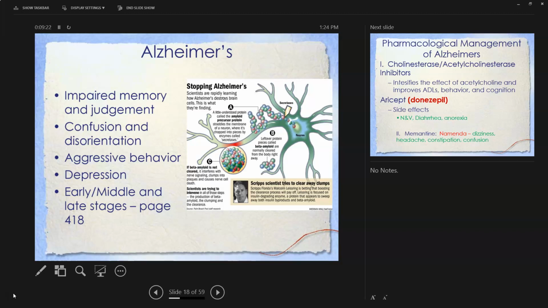And then late, they get aggressive, need total care, wander from home, and often turn against their family members, so it's a horrible disease. This beta amyloid protein right here is what we're talking about, what they look for in that CAT scan.